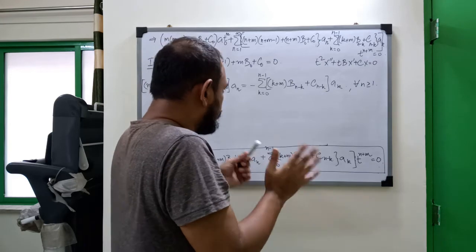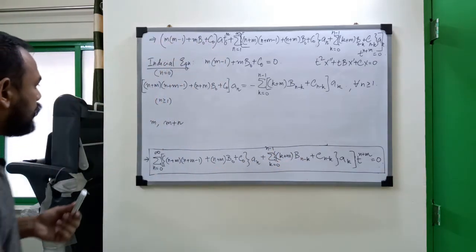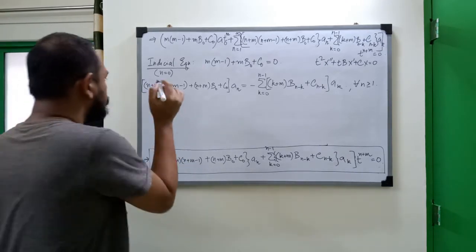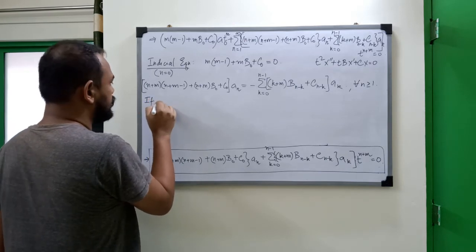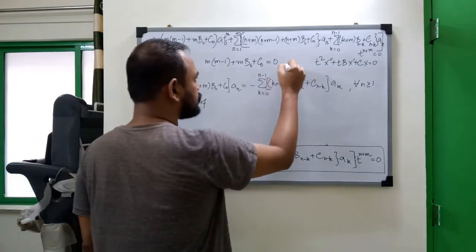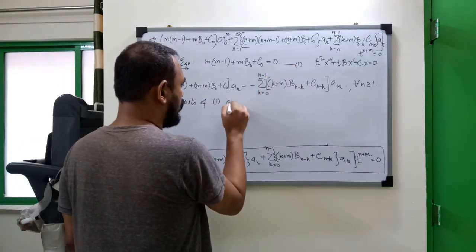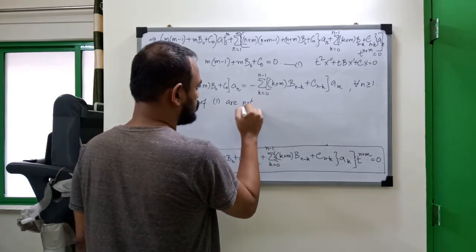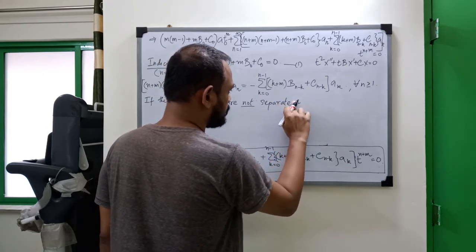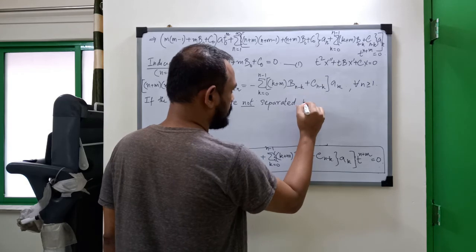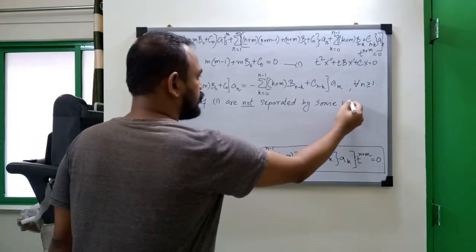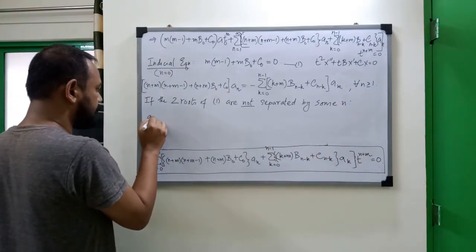We will take that case up later, but for now, if the two roots of equation 1 are not separated by some integer n, in that case we can actually find a_n by this formula.